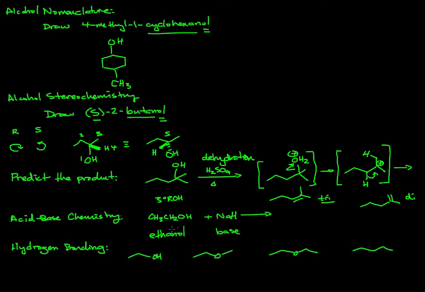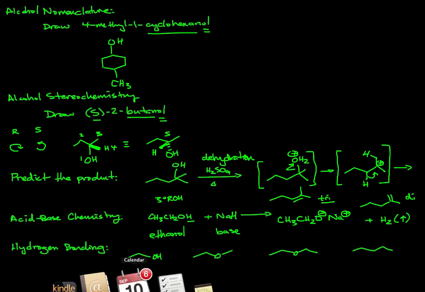We have ethanol with an acidic proton in the presence of a base. So we're going to abstract that proton. Sodium is our counterion, and our byproduct is hydrogen gas, which is evolved from the reaction.